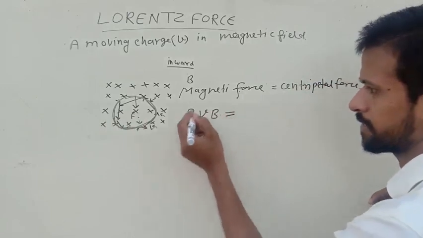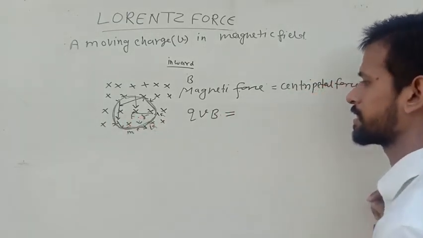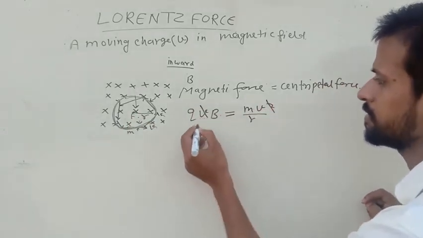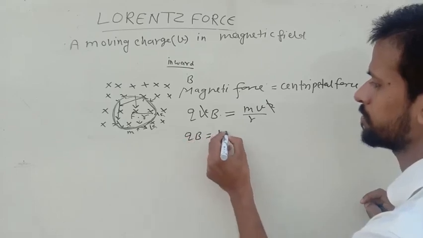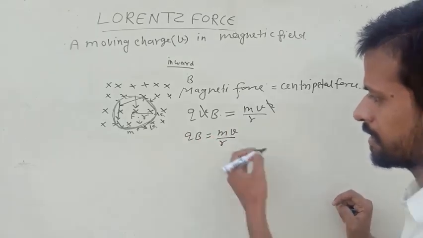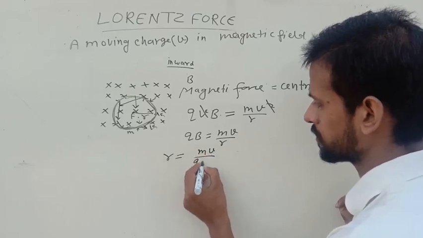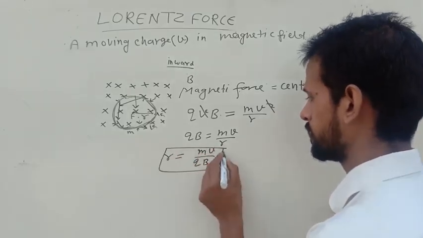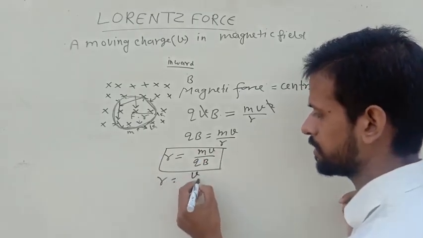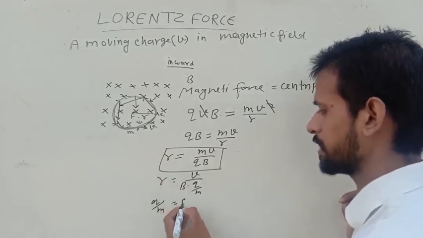Centripetal force for a charged particle having mass m, velocity v and radius r is given by mv squared by r. So v is cancelled, then QB is equal to mv upon r. So we can write the formula for r as mv upon qB. This can also be written as v upon B times q by m, and q by m is the specific charge.